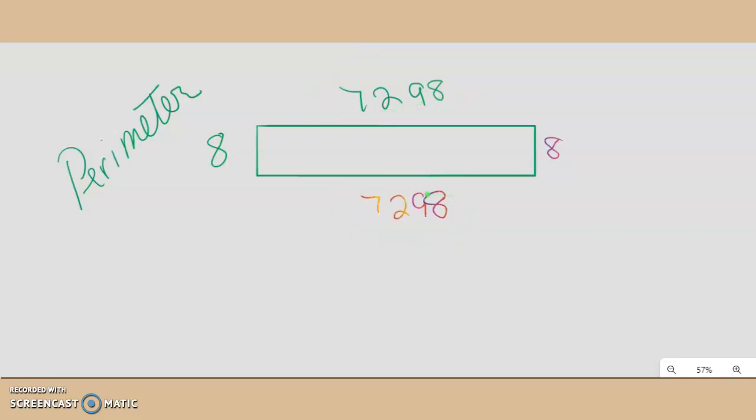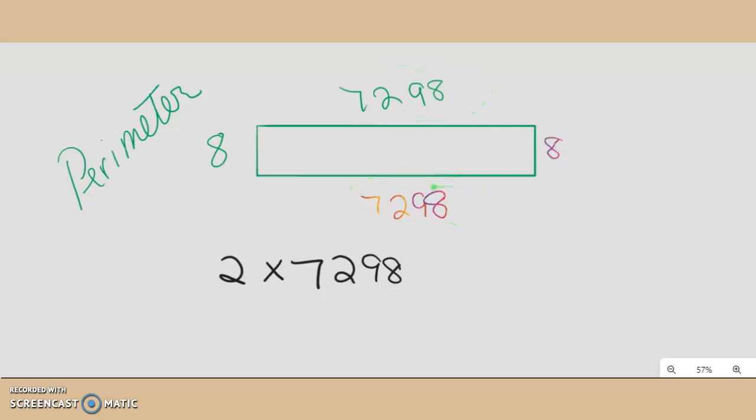I'm going to start by multiplying because we need to start using multiplicative situations. So this 7,298 times 2, because it's times 2. We're not finding area, we're just using this guy and this guy.